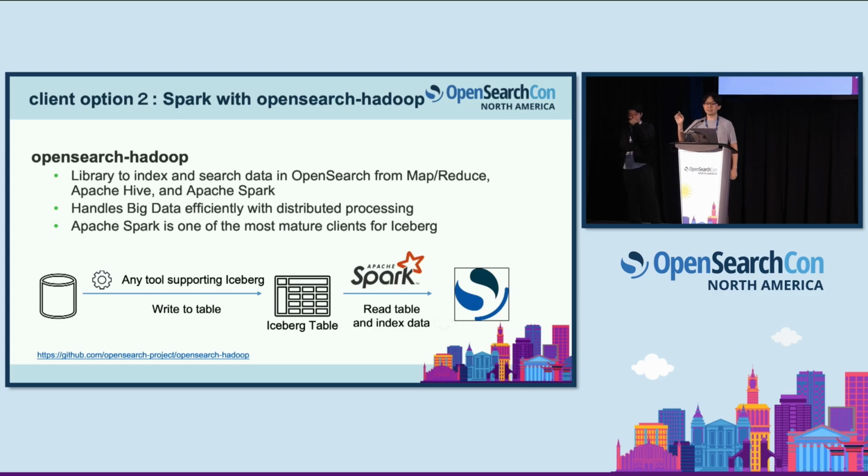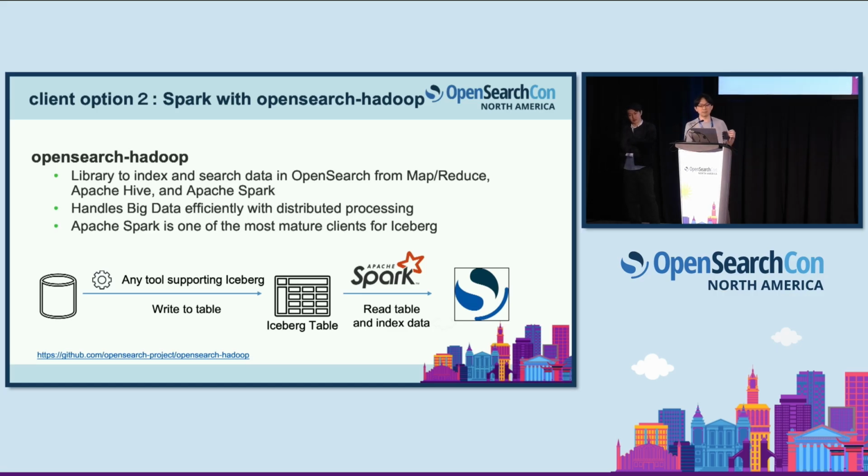So let's discuss another client option, Spark with OpenSearch Hadoop. Basically, OpenSearch Hadoop is one of the OpenSearch projects, and it is a library that connects OpenSearch with MapReduce, Hive, and Spark. Now when it comes to working with Iceberg, Spark is particularly important here because it's one of the most mature clients for Iceberg.